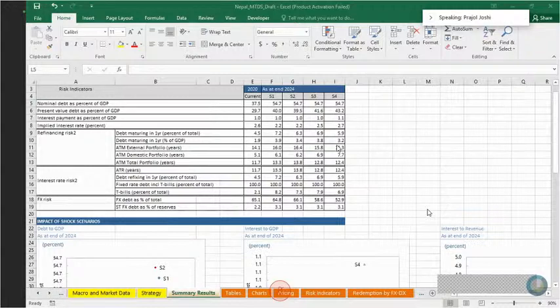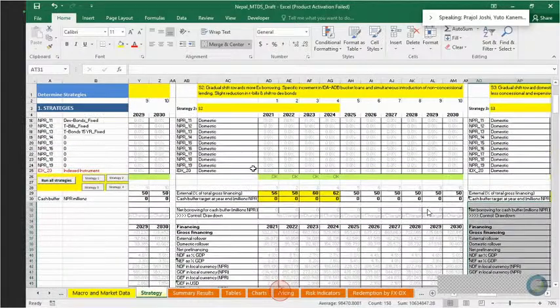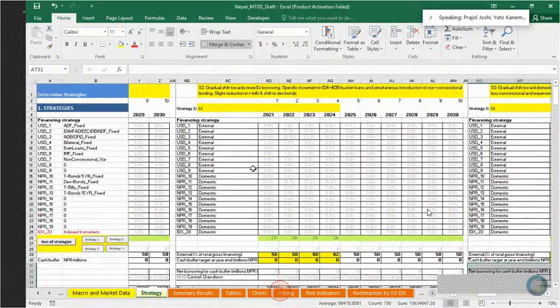I have a quick question about the strategy. You prepared instrument number 7, which is a non-concessional variable interest rate instrument. However, in the strategy sheet, you did not use that instrument at all, right? I was just wondering why.